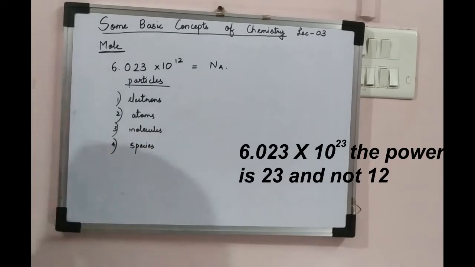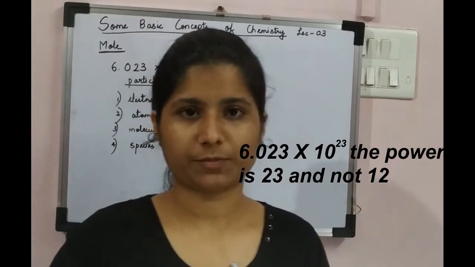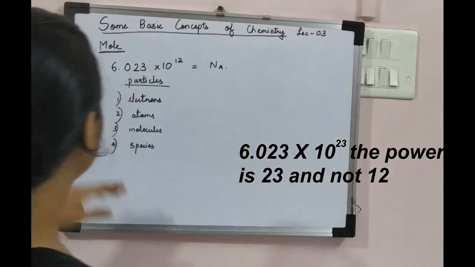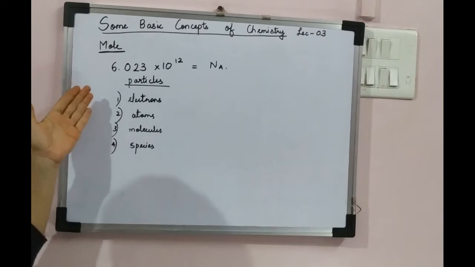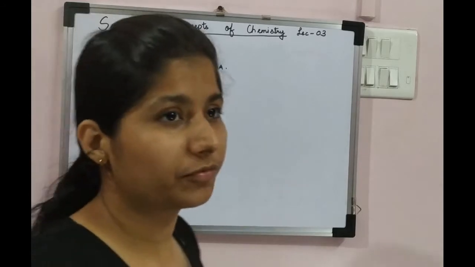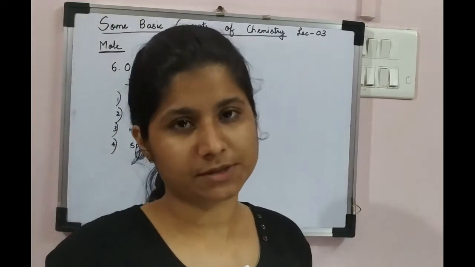Anything of these would be that Avogadro number. So this is a very important entity, and this is how we actually measure the amount of a substance.